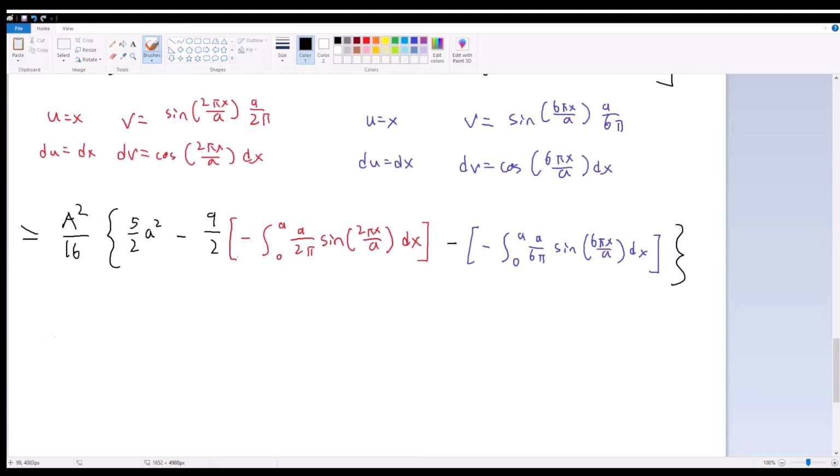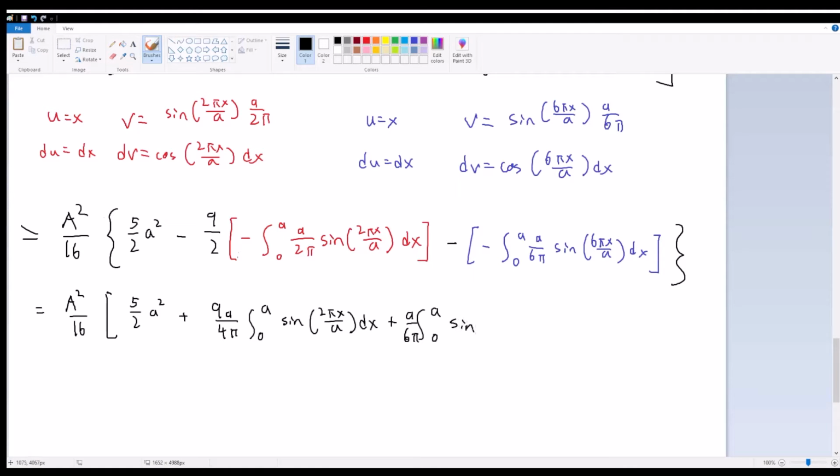So what we're left with is a squared over 16 times 5 halves a squared plus 9a over 4 pi integral from 0 to a of sine 2 pi x over a dx plus the integral from 0 to a of a over 6 pi at the front, sine 6 pi x over a dx.